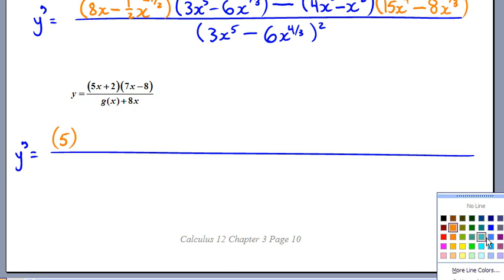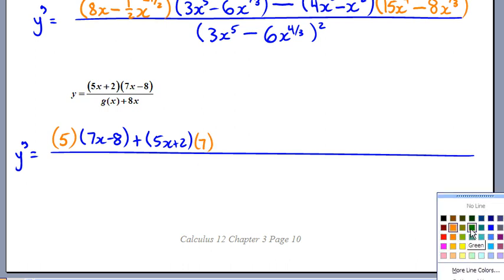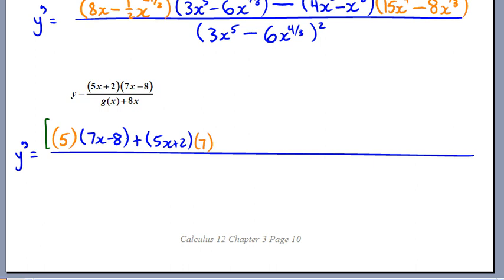But now I have to multiply that by the 7x minus 8, just left alone. That's a product, so I put a plus in here. Going to leave the 5x plus 2. And then multiply that by the derivative of the second part here. Well, that would be a 7. There, all of that is just the derivative of the top. I'm going to get my order of operations wrong if I don't drop in some brackets here. So there we go. Derivative of the top.